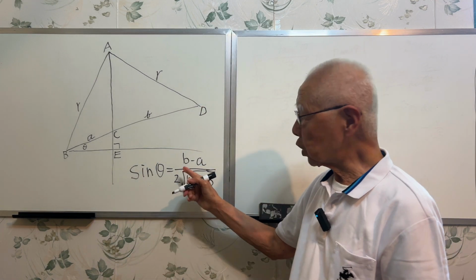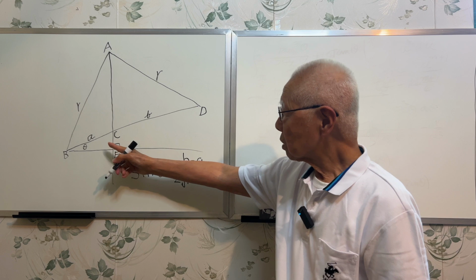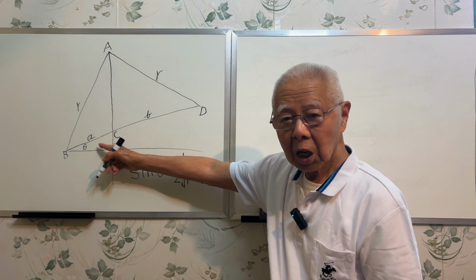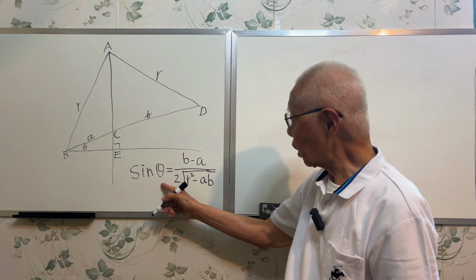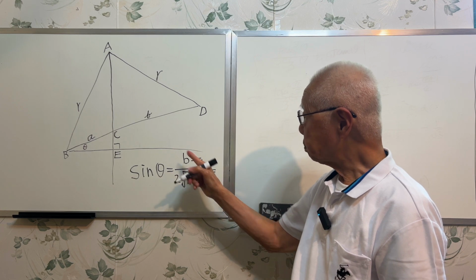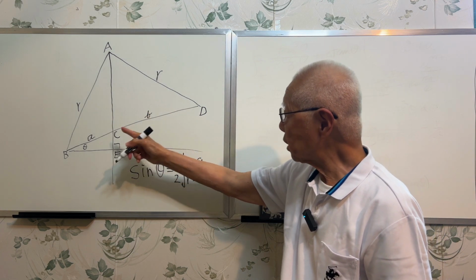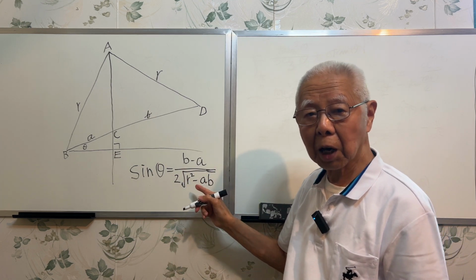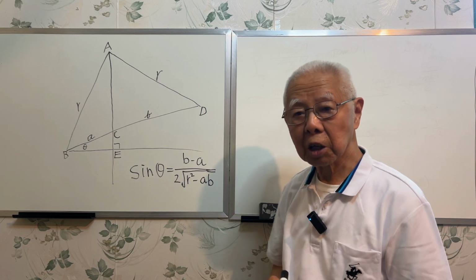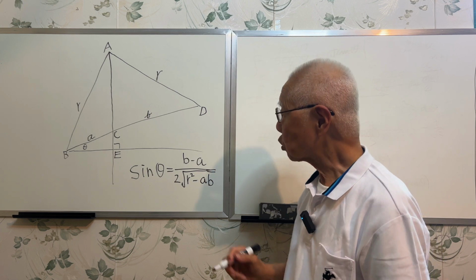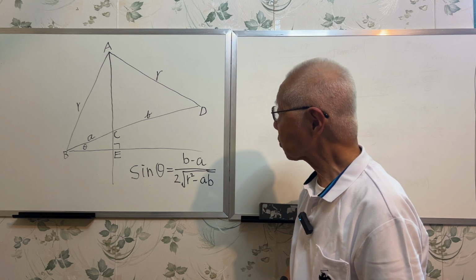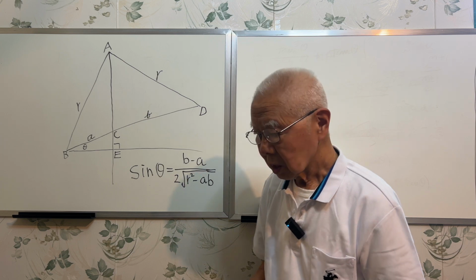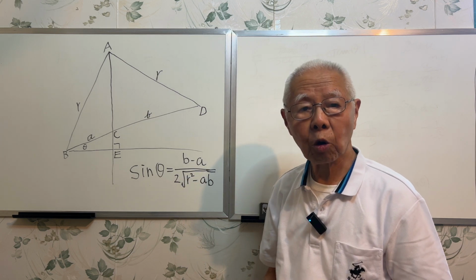We want to prove this relation: for this angle theta, sine theta is b minus a divided by 2 times the square root of R squared minus ab. So how do we prove that? Let's start with some cosine law.